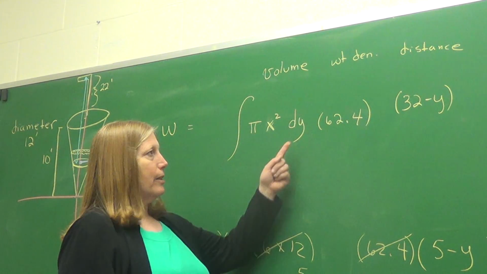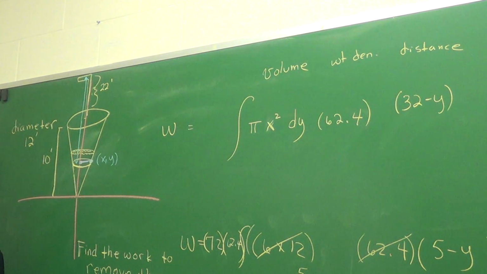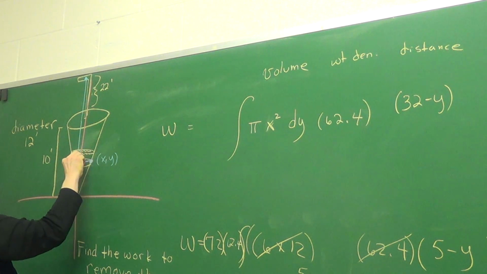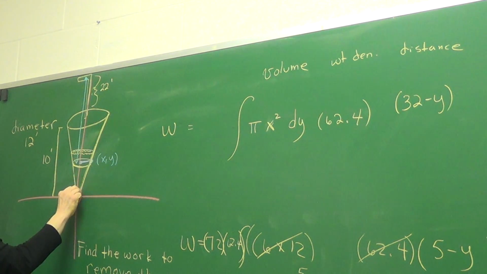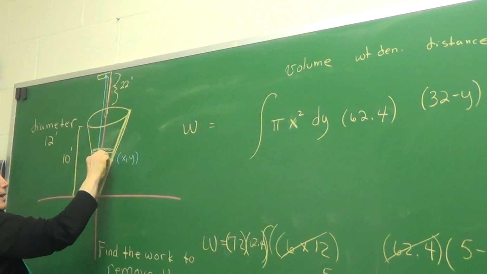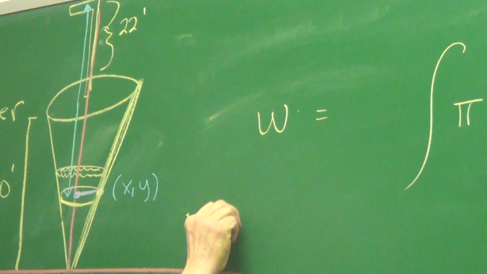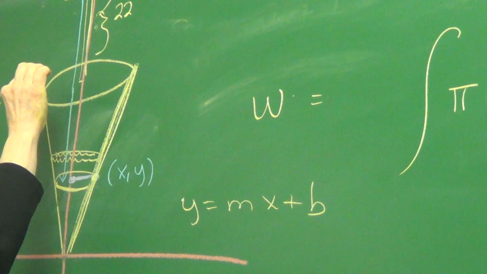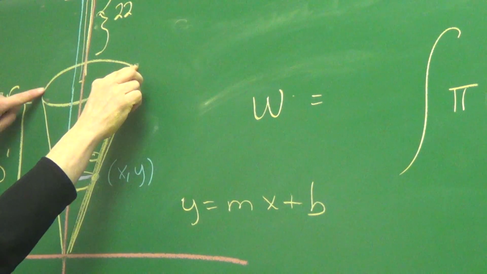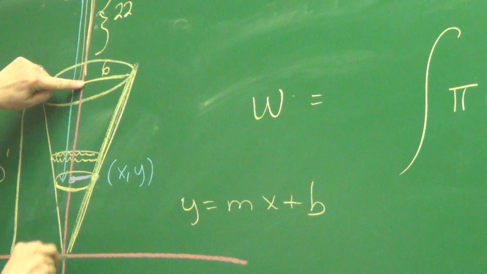However, there's a disconnect because we need to do this problem in dy. So how can we do that when there's no formula? Well, the function that this radius is attached to is this line right here. If I had the name of this line, I could change x to y. So y equals mx plus b. Aaron, what would be the slope of this line? Remember the top's diameter was 12, so this value is 6, and this value is 10.